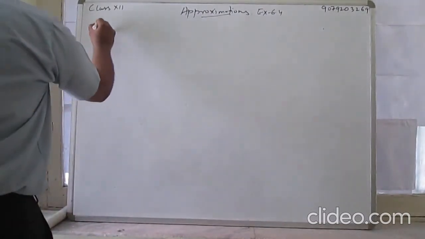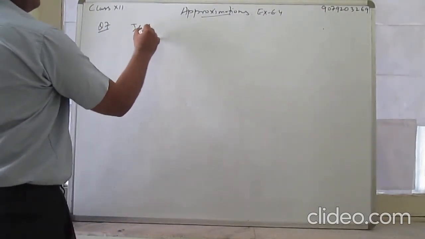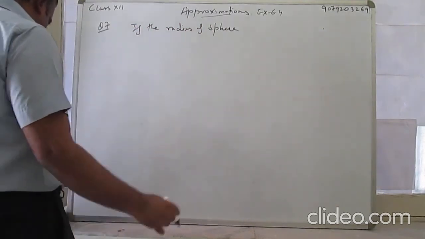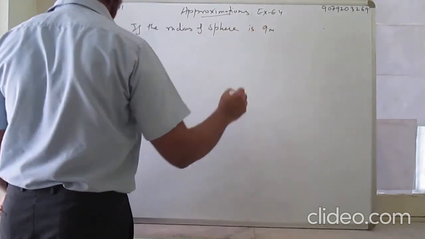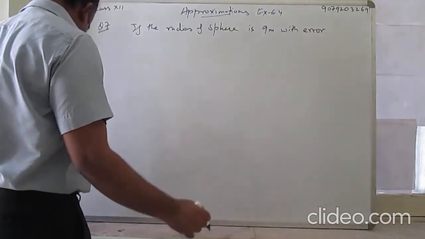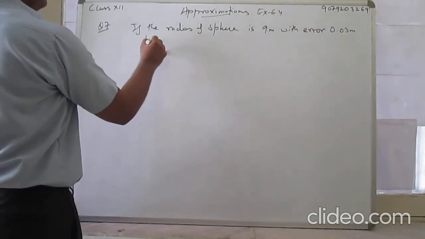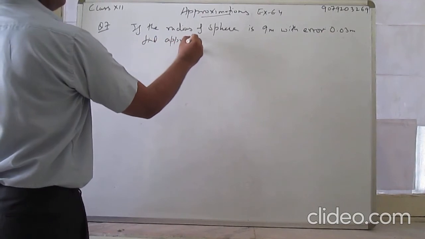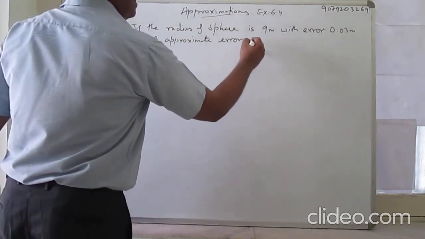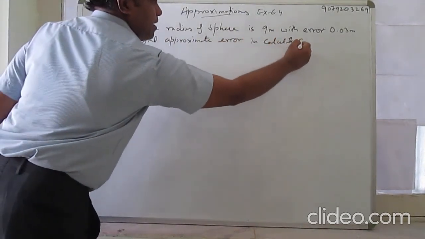Question 7. If the radius of a sphere is 9 meter with error 0.03 meter, find the approximate error in calculating surface area.